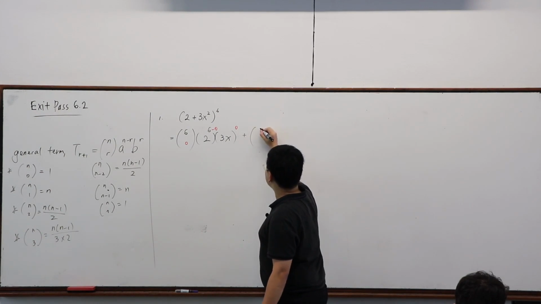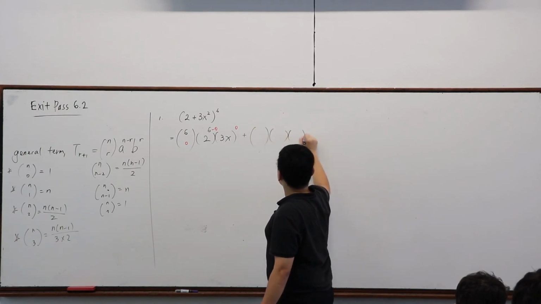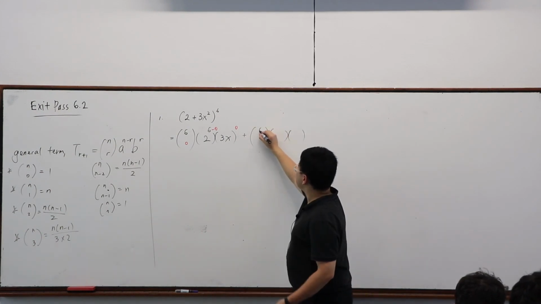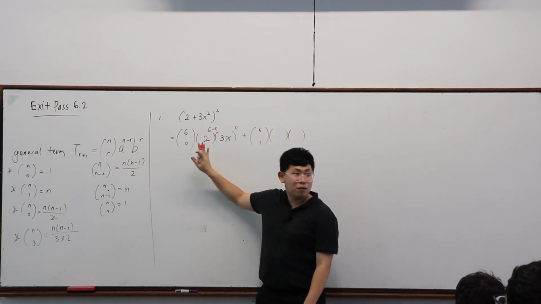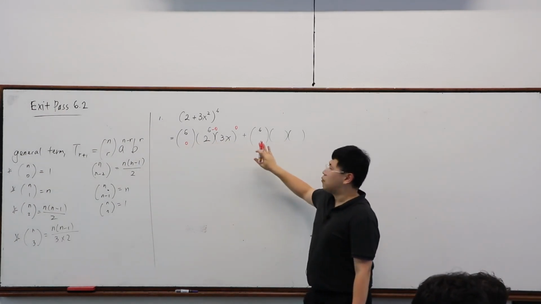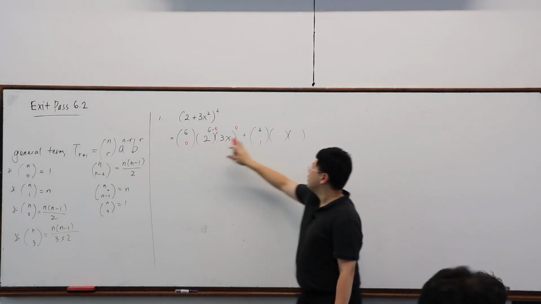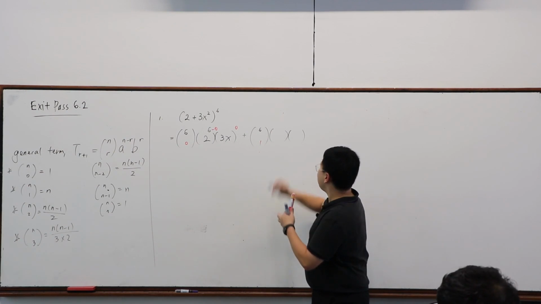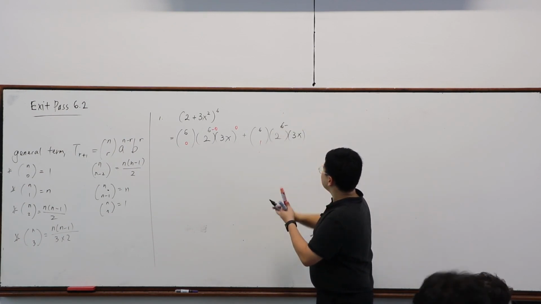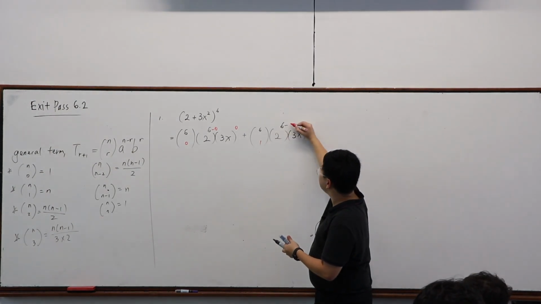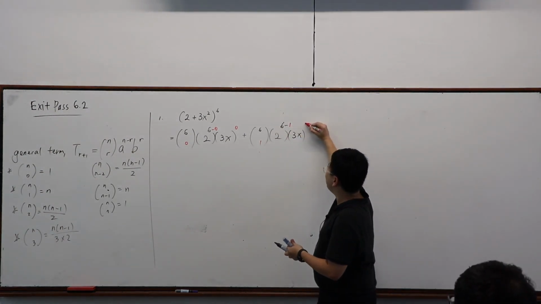Second term, let's expand. Same thing: 6 choose r, so 6 choose 1. Just now we started with 0, now we start with 1: 6 choose 0, 6 choose 1. Same thing, all the same. So now 6 minus 1 for the power of 2, and 3x to the power 1.